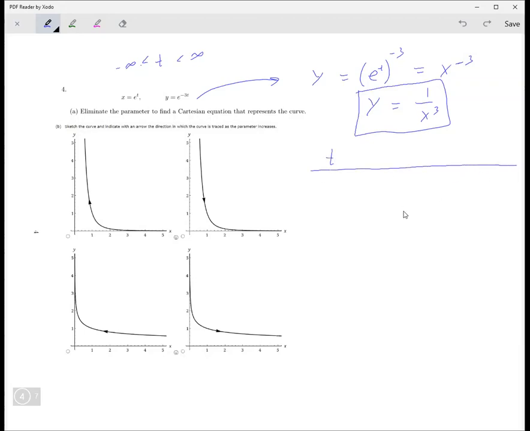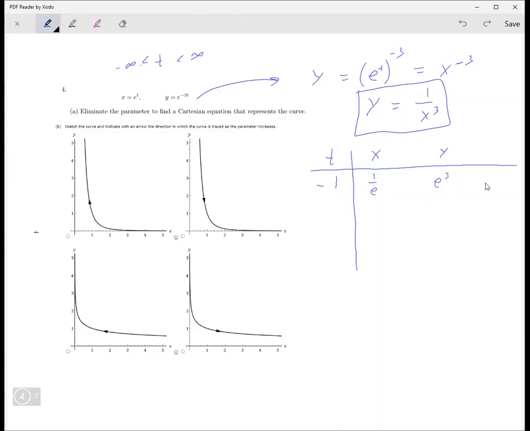But we want to find out which curve it is. So let's put a few different values in. If you try -1, this is going to be 1 over e, and then y is going to be e cubed.